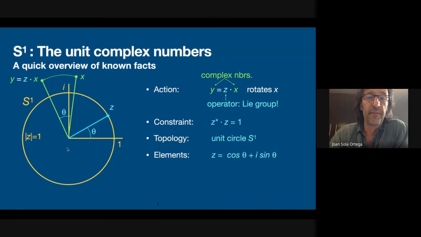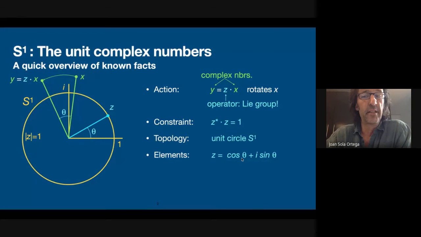The elements of this set S1, we can call them z, and you all know that they can be written as cosine theta plus i sine theta. No big surprise here. We can also find an inverse of these elements, so that if I multiply the inverse by the element, I obtain the identity. Through the constraint, the inverse of an element times the element is the identity.